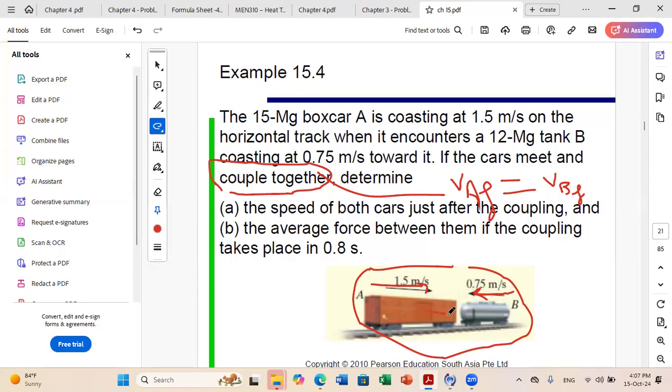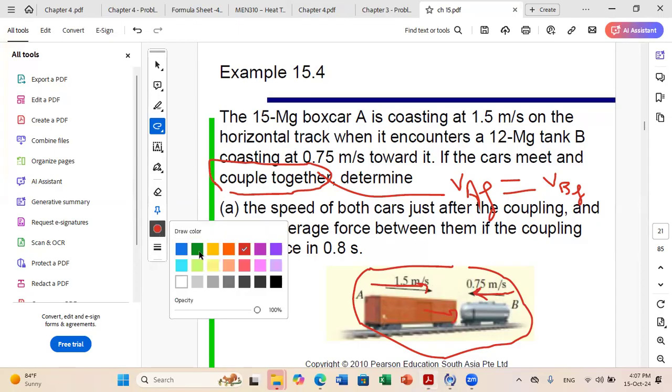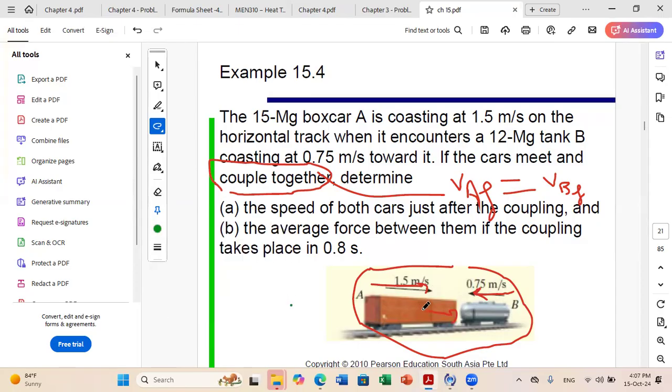So you have F of A on B that will be opposed by F of B on A. So the impulses of these two forces will cancel out. And all other forces are non-impulsive.